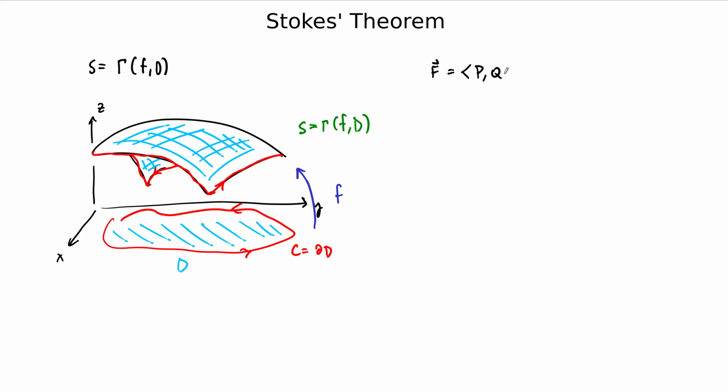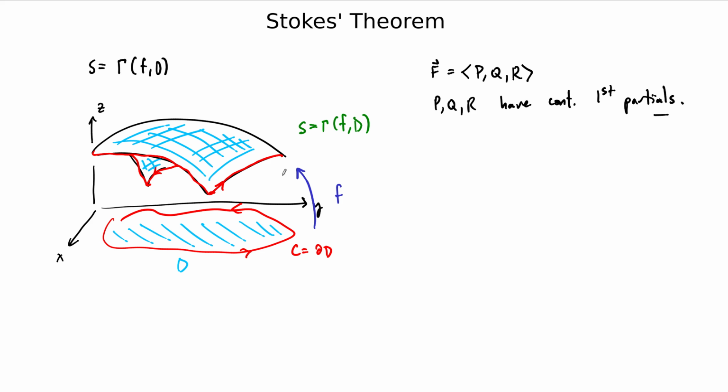And F has component functions P, Q, and R. Part of the assumption of Stokes theorem is that these P, Q, and R have continuous first partial derivatives. So I'll just say continuous first partials here. All right, so that's going to be important moving forward.